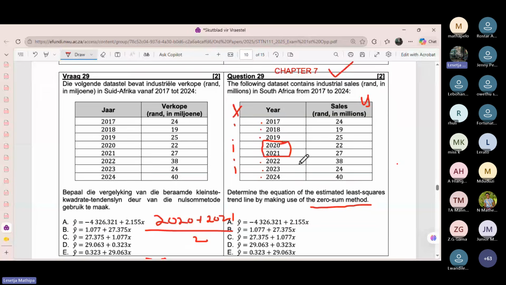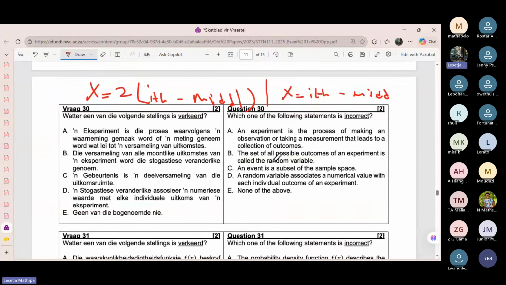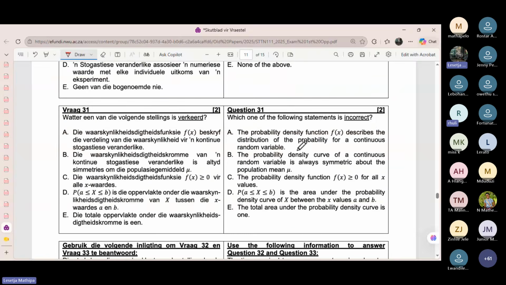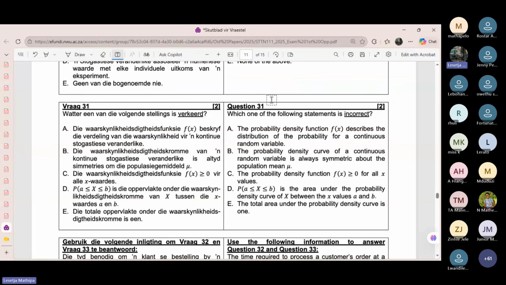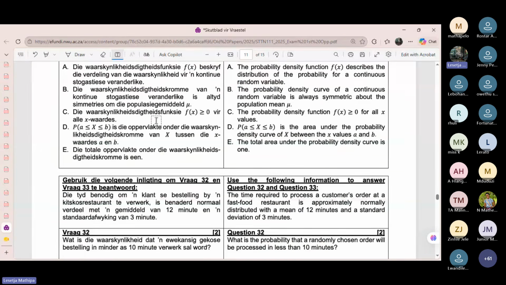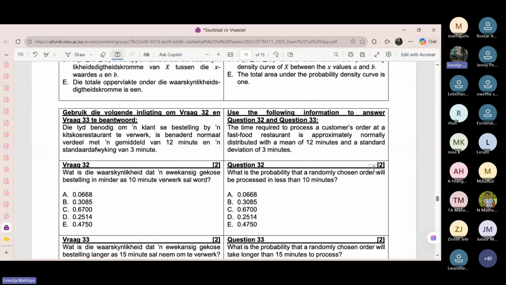Okay, then this one, question chapter 8, the experiment, then the set of, this one is chapter 8. Chapter 8. And then theory questions, even this one is chapter 8. Chapter 8, theory questions. Then the probability starts from here.